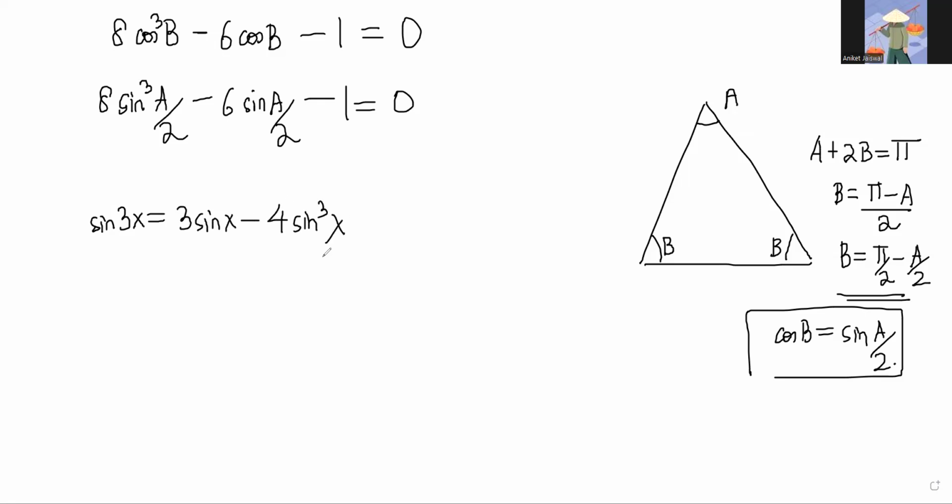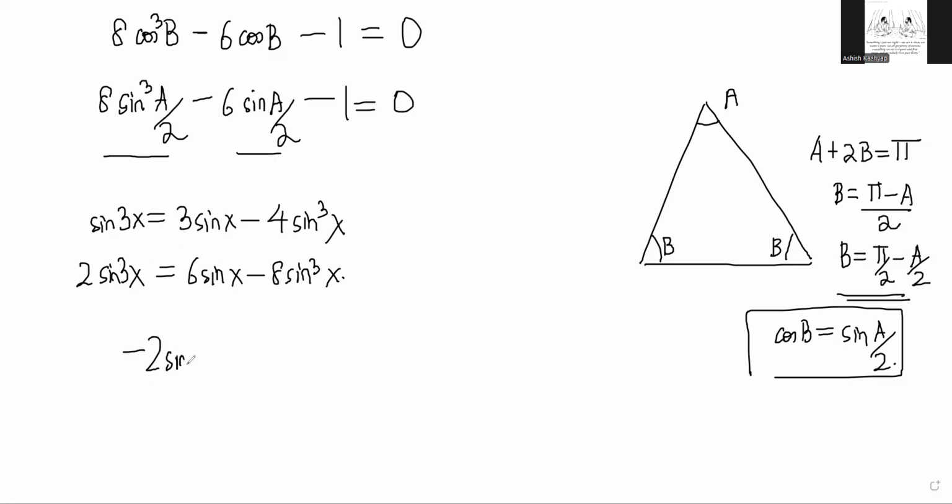So notice that 6 and 8 are fitting that. 2 sin 3x will be 6 sin x minus 8 sin cube x. So you're getting here 8 sin cube minus 6 sin, that is negative 2 sin 3A by 2.